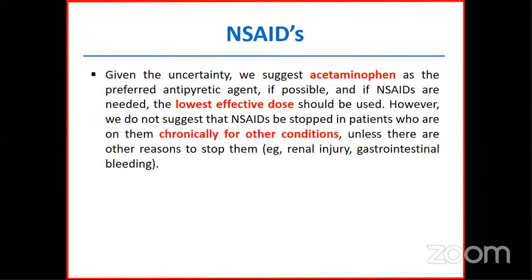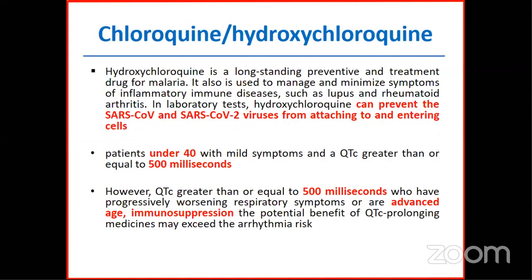And if there is a chronic use, like those patients with rheumatoid arthritis or anything else, chronically using medication, they can continue unless there is contraindication not related to COVID, like GI bleeding. So with the chronic patient, continue. If COVID patient, you can use paracetamol as the first line antipyretic agent. If failed, you need to use another thing. You can use NSAID with lowest effective dose.